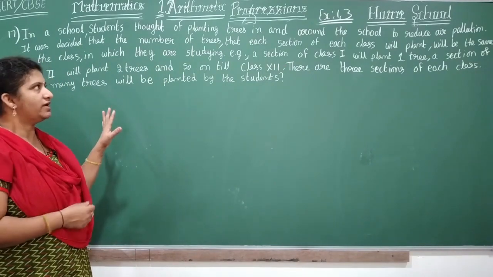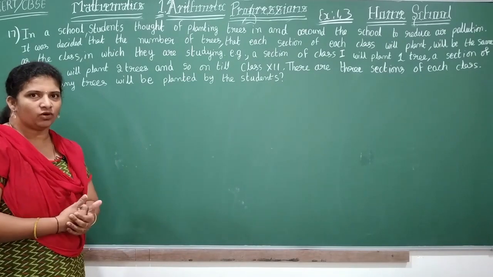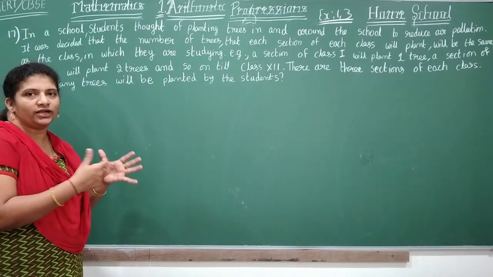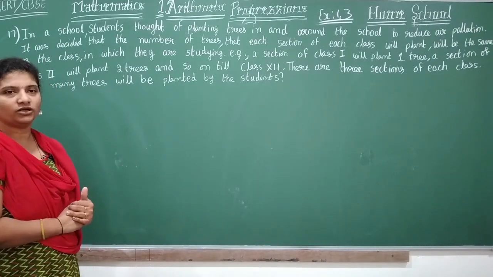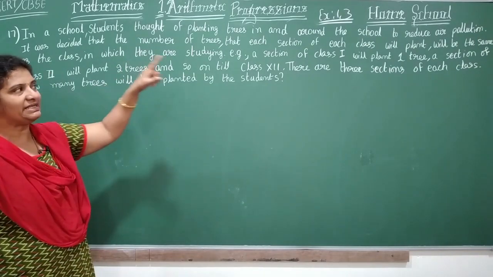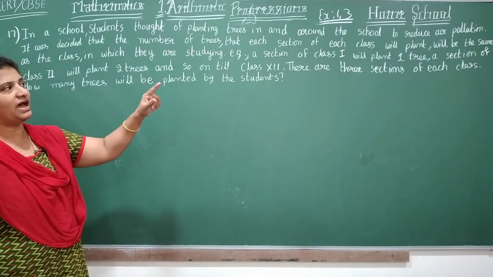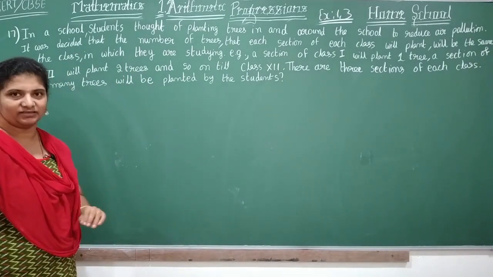Some school children are planning to plant some trees because they want to reduce the air pollution in the school campus. So each section of each class will plant the same number of trees as their class.